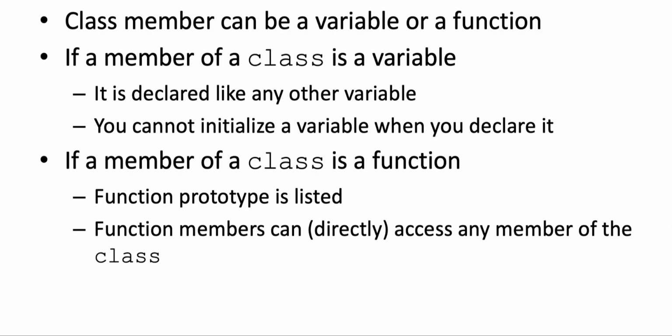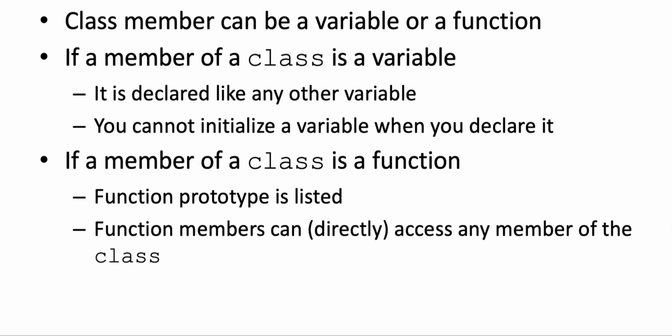Class members can be a variable or a function. If a member of a class is a variable, you declare it just like any other variable. Also, in C++ versions prior to C++11, in the definition of the class, you cannot initialize a variable when you declare it. If a member of a class is a function, you typically use the function prototype to declare that member.